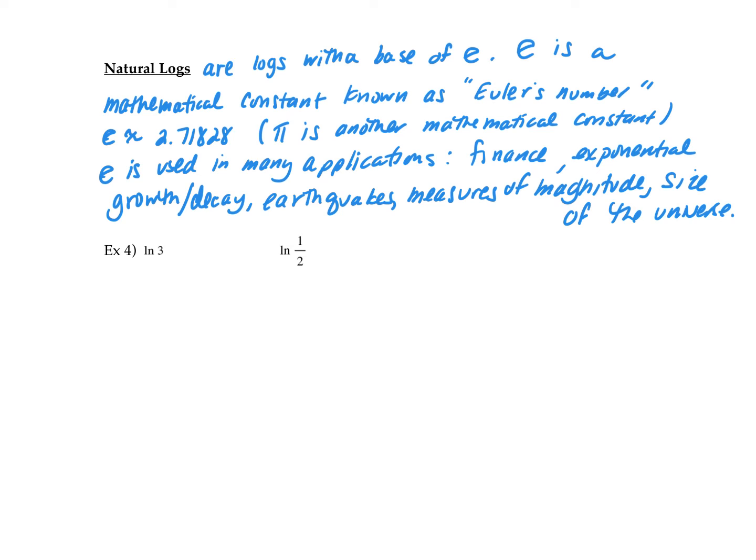Very similar to pi. Pi is also a mathematical constant that you're familiar with. That number e is used in many applications in finance, exponential growth and decay, measuring earthquakes, like measures of magnitude, and for instance, calculating the size of the universe.